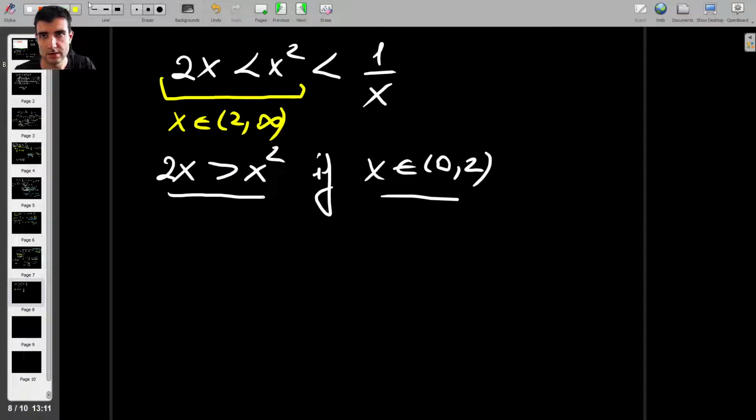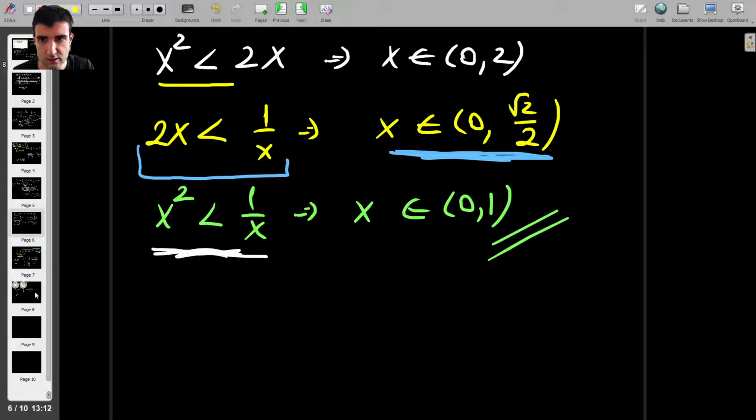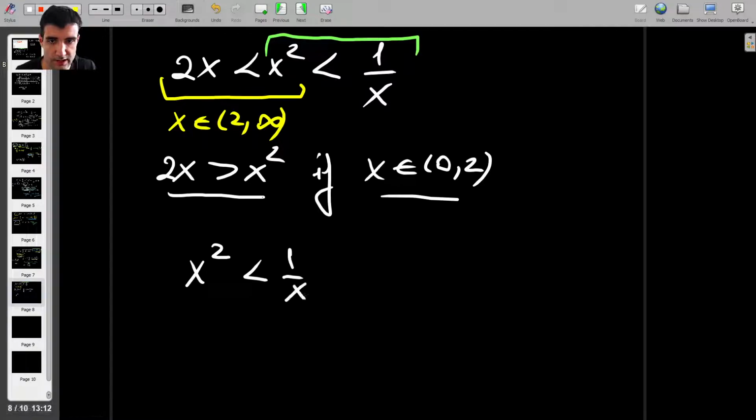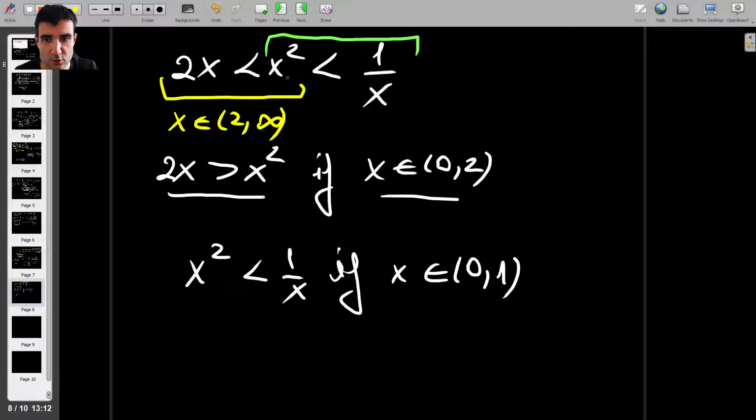Okay? And then we're going to look at this inequality. I'm going to rewrite this now. x squared is less than 1 over x if x is between 0 and 1. So this inequality is exactly that. In other words, for this second half to happen, we must have x between 0 and 1, just like that.